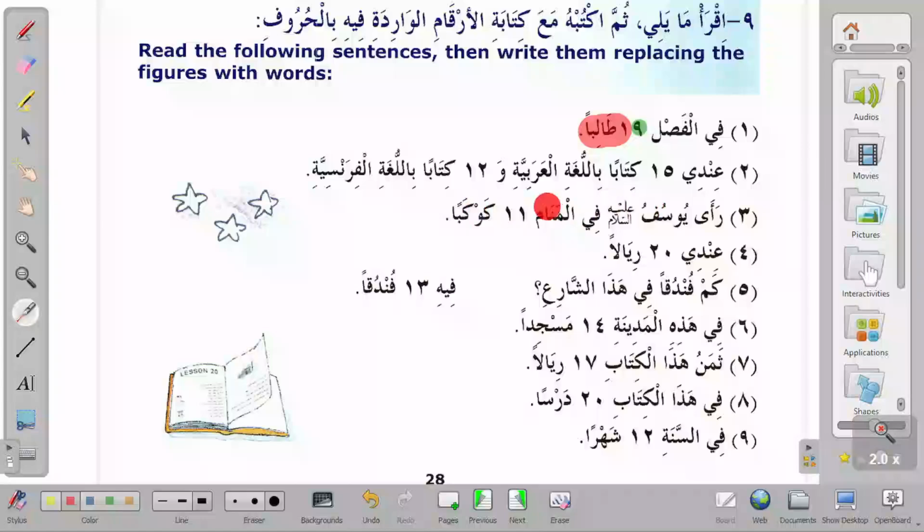Okay, but what happens is that you can see manam here. What's the meaning of manam? Manam means sleep. Okay, fil manam, in his sleep. أحد عشر كوكبا, 11 planets.